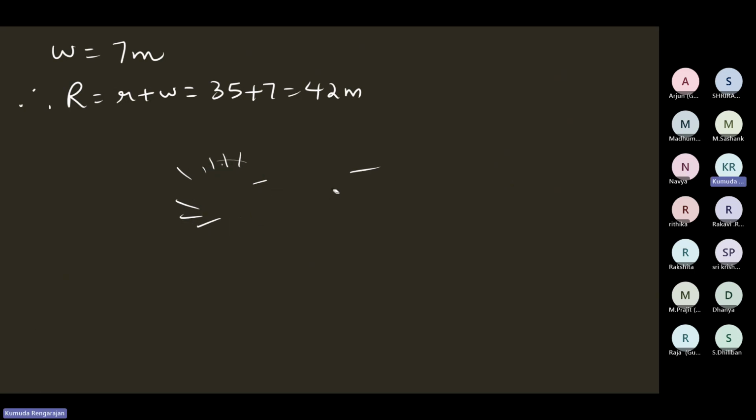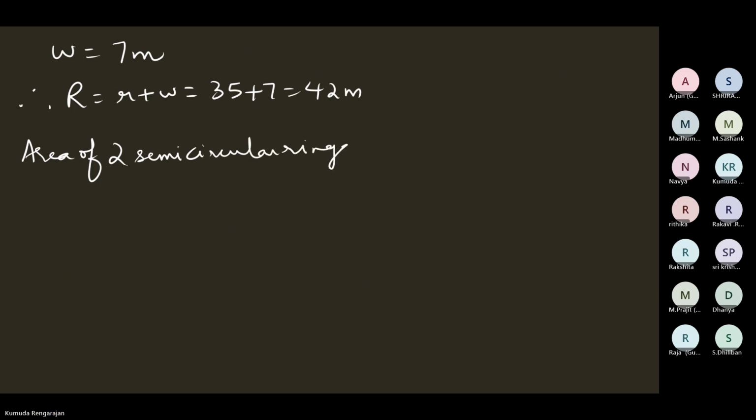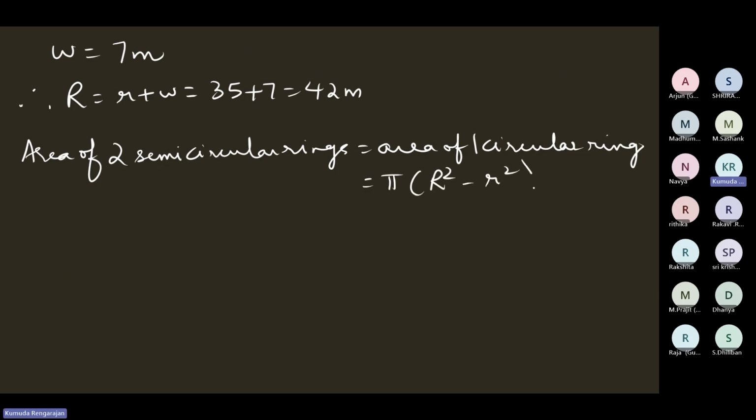So now let's find the area of one circular ring. The area of two semicircular rings is equal to the area of one circular ring, which is equal to pi into capital R square minus small r square, which is equal to 22 by 7 into 42 square minus 35 square.